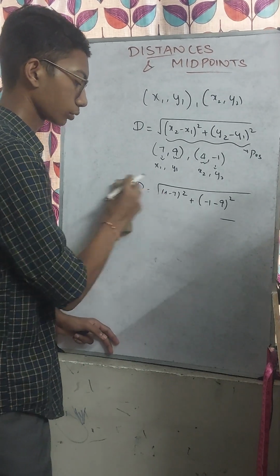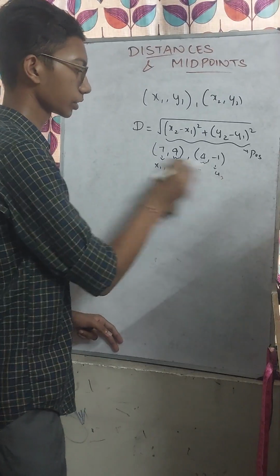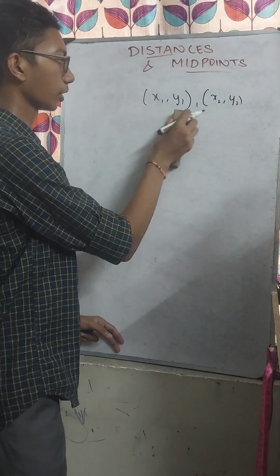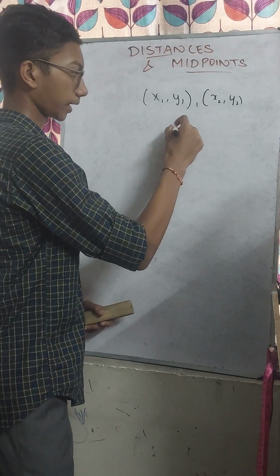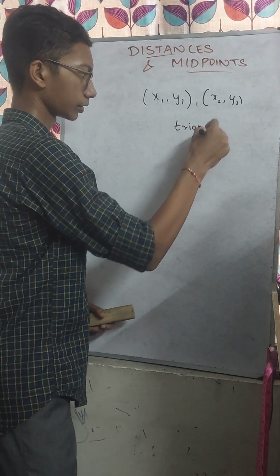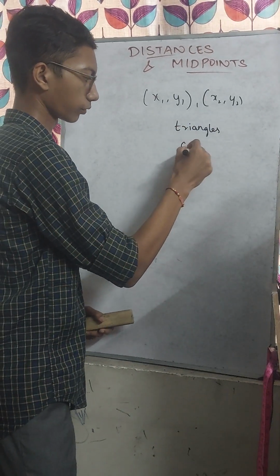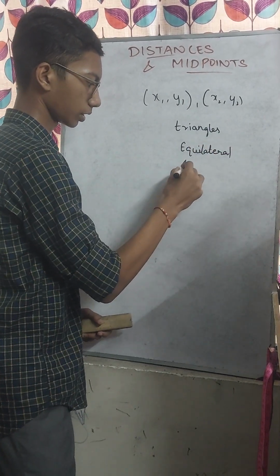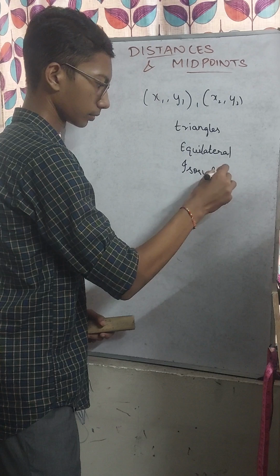So this is what distances between 2 points are for. This will be very helpful when you are dealing with triangles, especially to identify equilateral triangles and isosceles triangles.